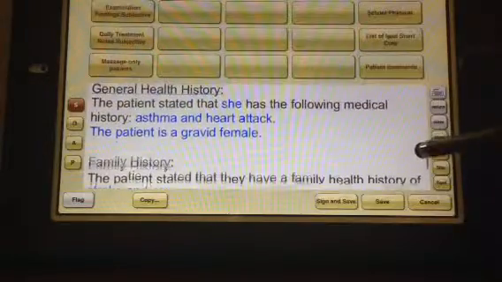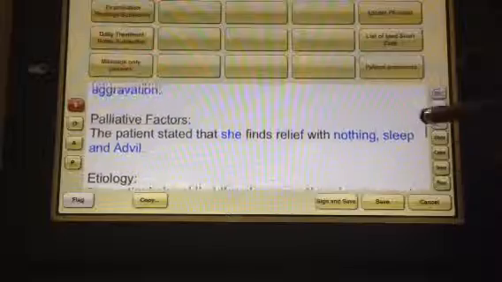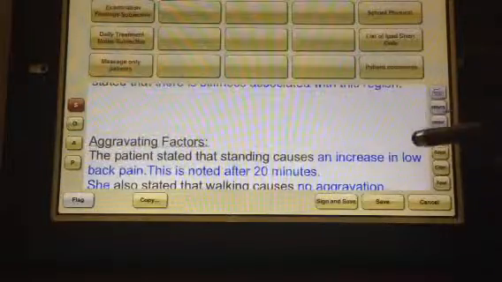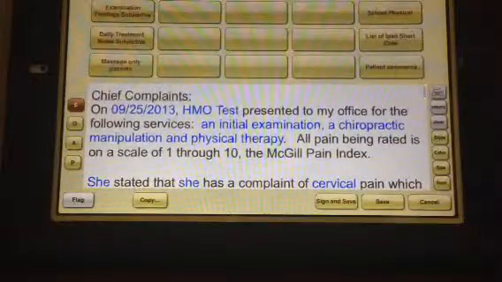He's going to give us a list of history, general health, we have his past medical history, the etiology, the palliative, and the aggravating factors, what they're here for, and that's the exam.